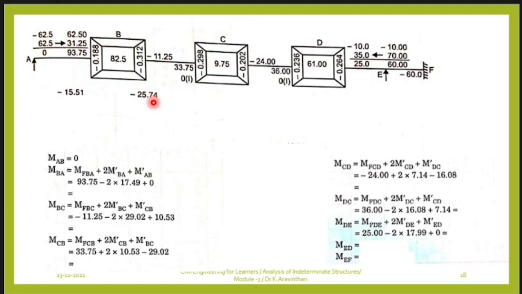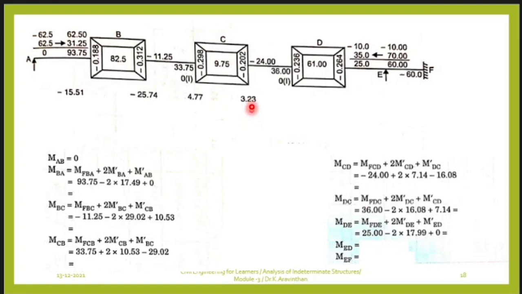What is the answer? Minus 15.99 into minus 0.298. Your answer will be 4.77. 9.75 minus 25.74 into 0.202, 3.23.